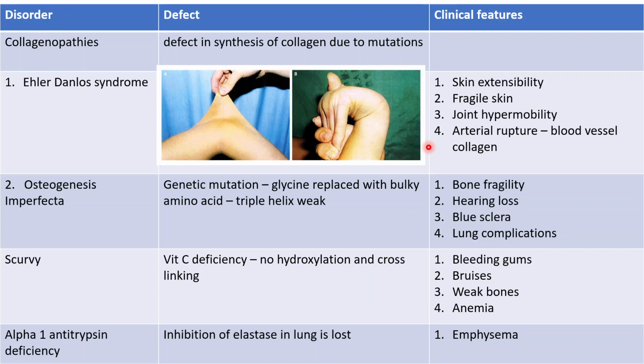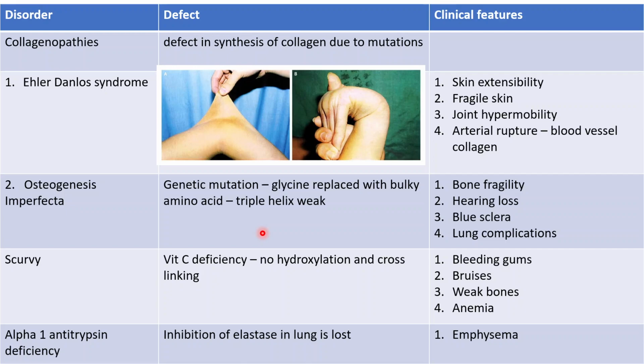Next we have osteogenesis imperfecta. This is a type of genetic mutation in which glycine is replaced by a bulky amino acid. We have seen that in the triple helical structure, glycine is the smallest amino acid, which easily fits in the triple helix. Now if glycine is replaced by a bulky amino acid, the triple helical structure will be abnormal.